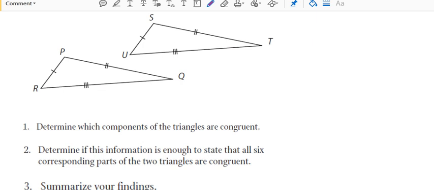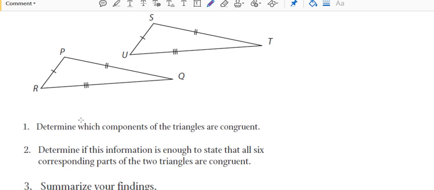So what this is asking us to do is look at this information and think about, based on the information that I have, does it match any of those triangle postulates and theorems that we just took notes about right above.